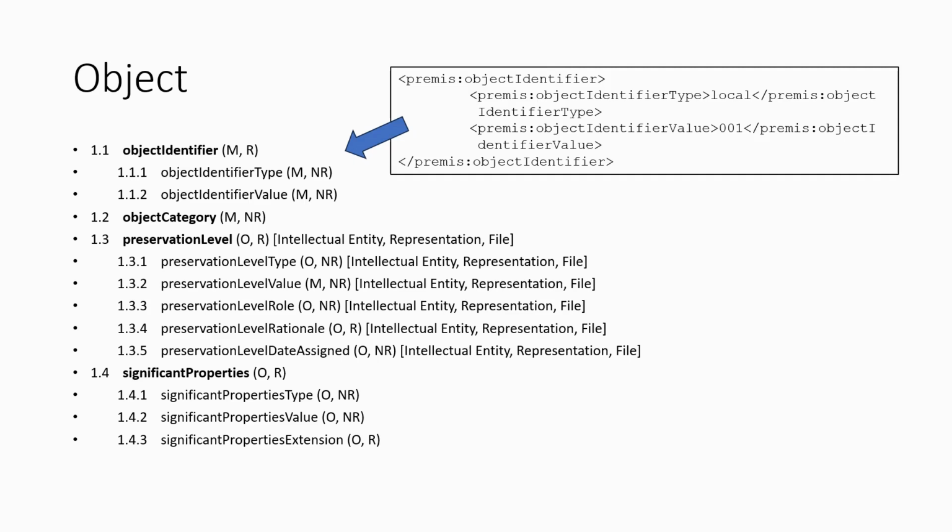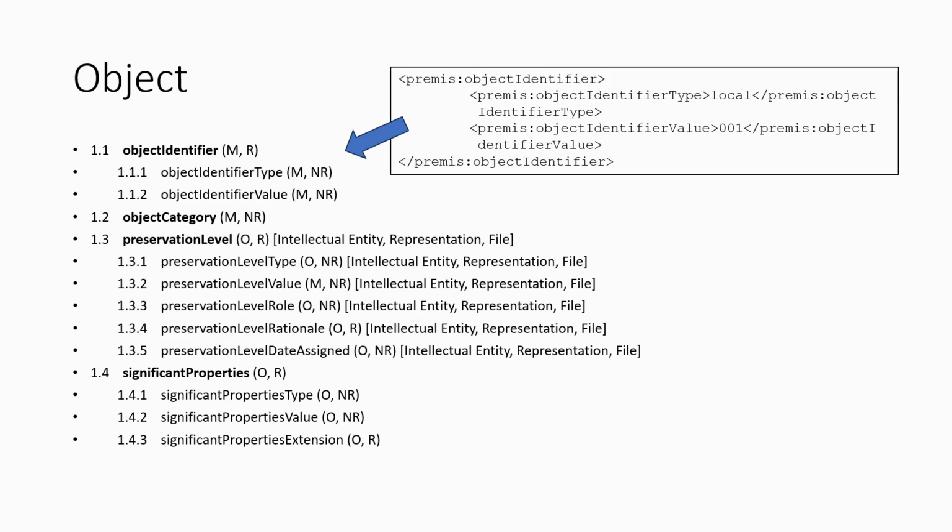In the example XML shown at the top right, the object identifier semantic unit holds the type and value components, and the components have values. In contrast, you can see the semantic unit 1.2 object category does not have components, so it would hold a value. The object entity contains the most semantic units and components by far.